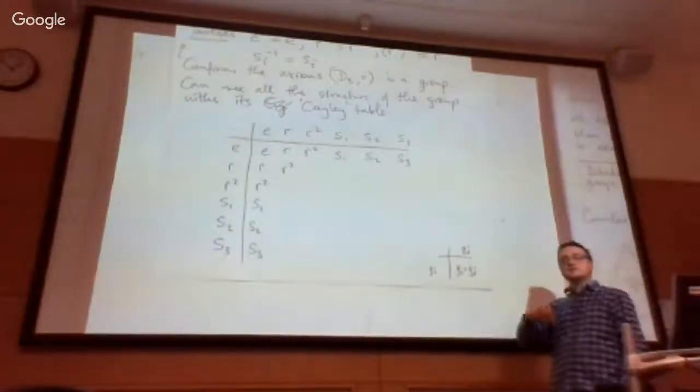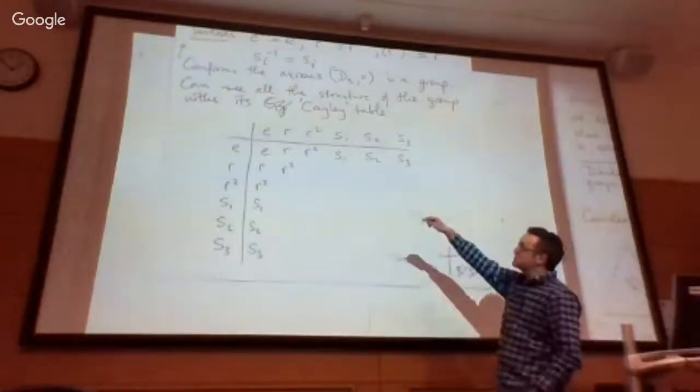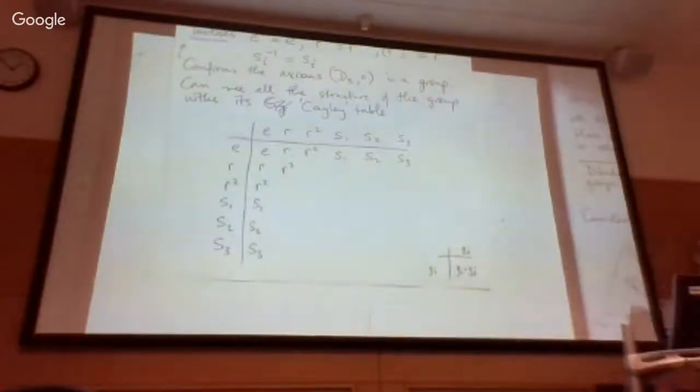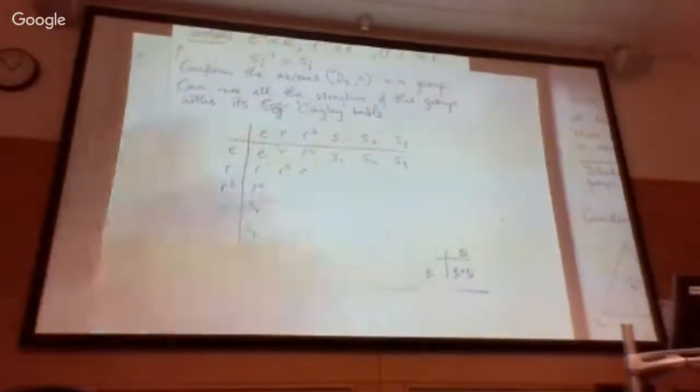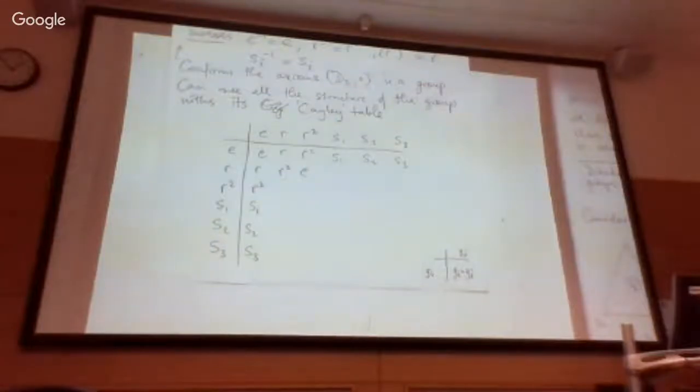Rotating by 2/3 of a full turn. If you rotate R after R squared, you get the identity element, yeah. So you rotate 2/3 of a full turn, and then you rotate an extra third of a full turn. That's 3/3. It's a whole full turn, which is the identity transformation.